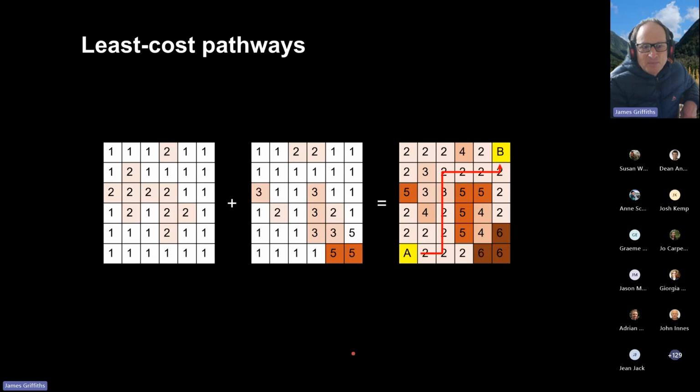That value categorizes the difficulty involved in crossing that particular cell. So a mountain might get a score of 10, whereas a valley floor might get a score of 1. And you can add these matrices together to form a cost surface, and then you can force animals, or immigration pathways, across those surfaces and determine which are the least costly paths from one point to another.